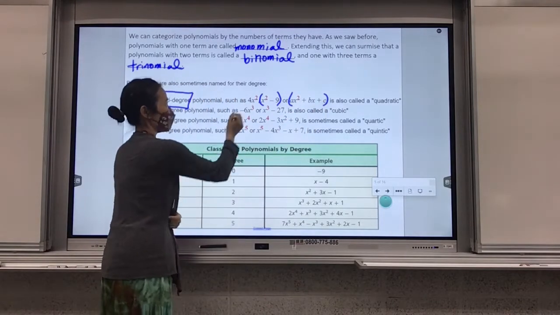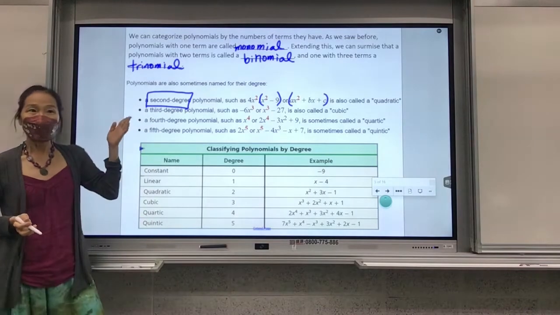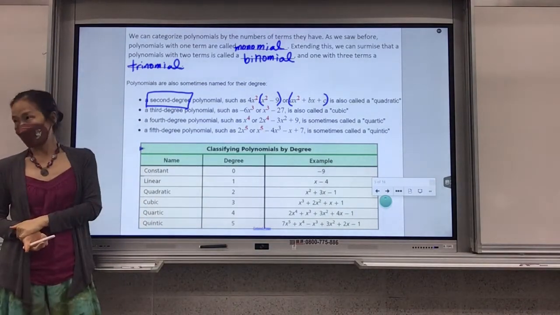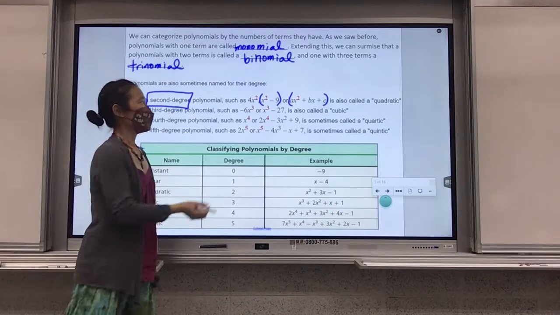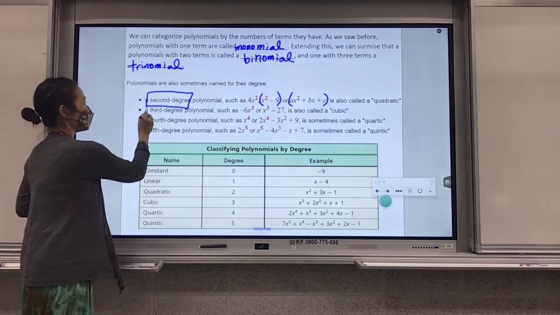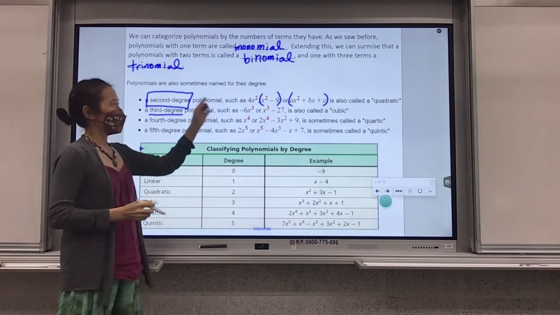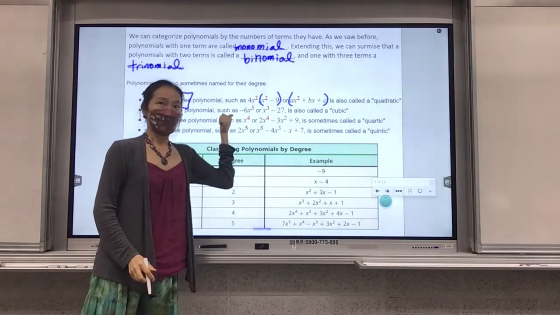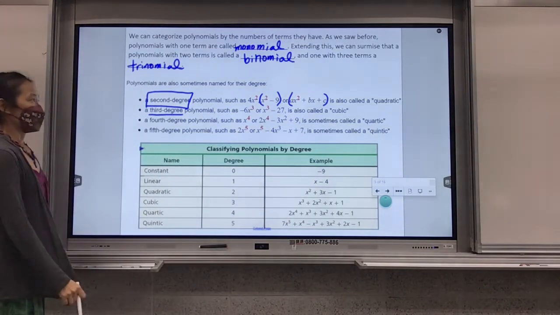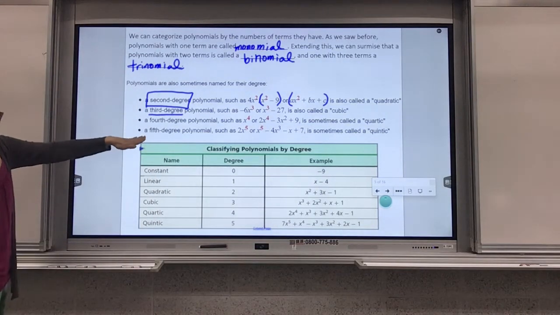This is a monomial with degree 2. They are all second degree polynomials. When we define the degree, we are not looking at how many terms, but the highest degree of that polynomial. Third degree, fourth degree, fifth degree.